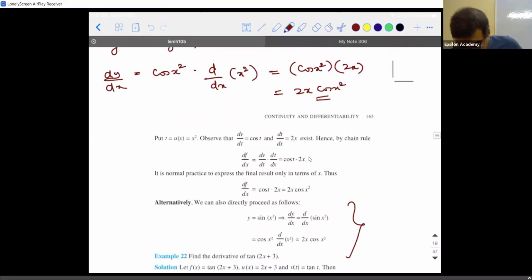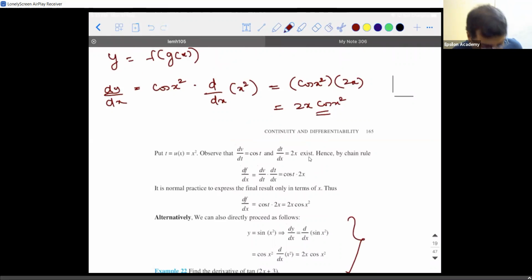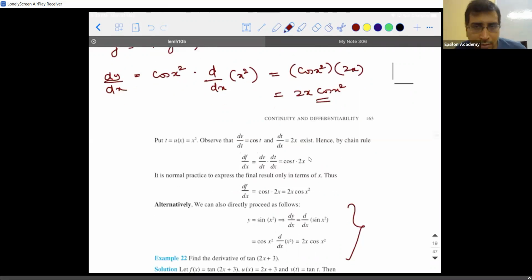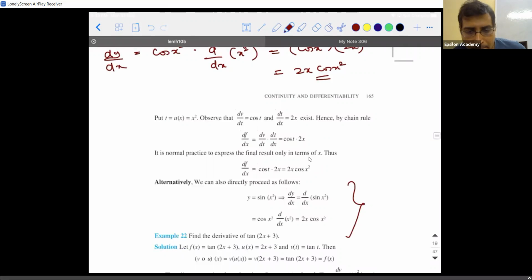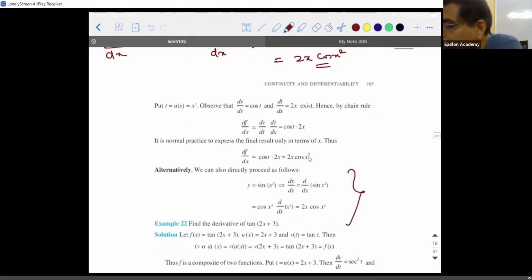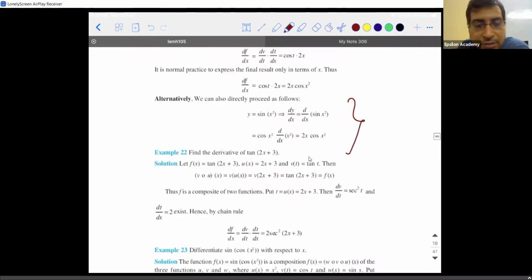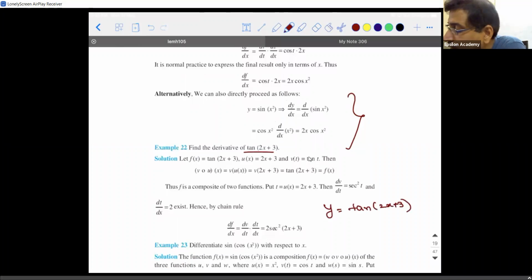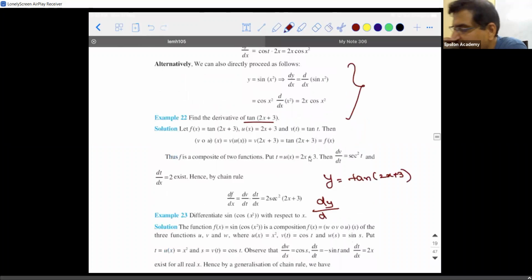So you guys tell me, can I go a little faster? Yes, sir. So find the derivative of tan of 2x plus 3. So y is equal to tan of 2x plus 3. So dy by dx will be equal to the derivative of tan, which is secant square.